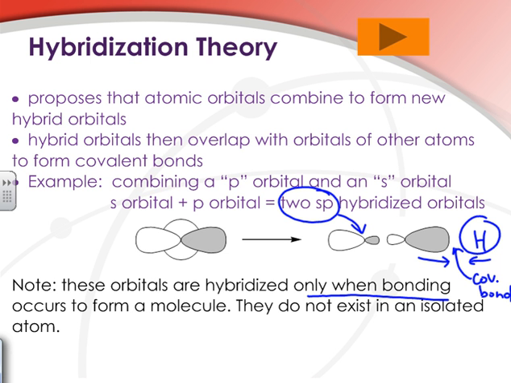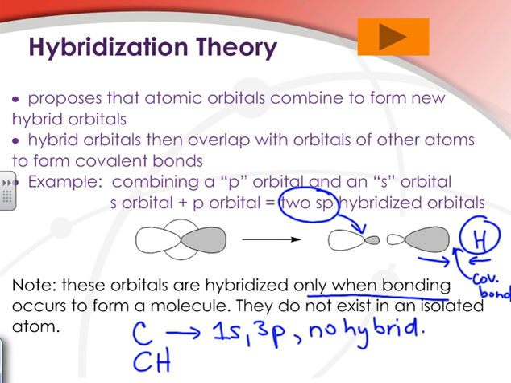They do not exist in an isolated atom. So if I have carbon all by itself, I have one s and three p's. I have no hybridization. If I have carbon bonded to something else, I now have, in this case, 4 sp3 orbitals, and I do have hybridization happening.